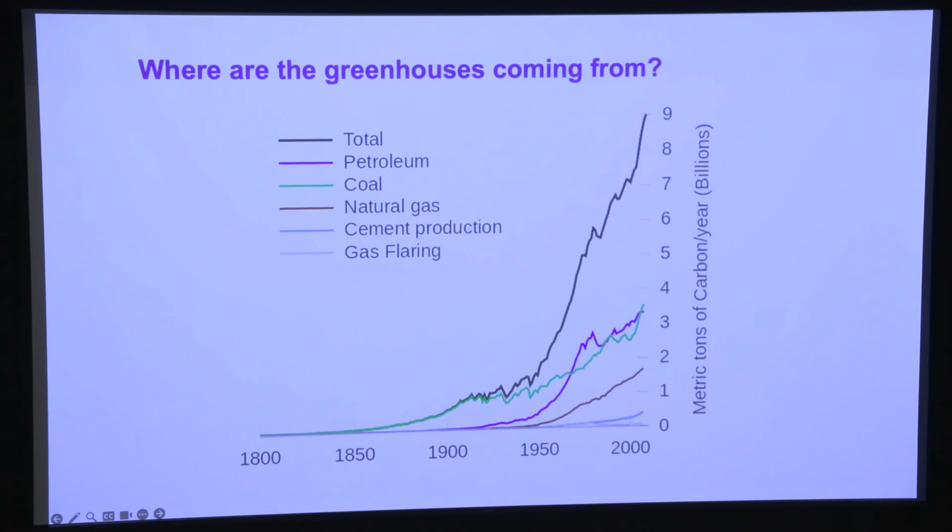And by and large, most of it was coming from conventional fuel. So it's coming from burning petroleum, coal, and natural gas. So the blue, green, and red lines accounted for the lion's share of where the greenhouse gases were coming from. There was a little bit coming from cement production and from gas flaring.